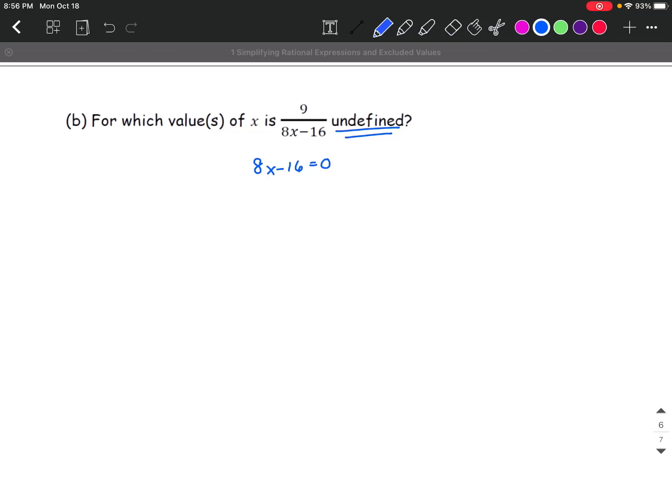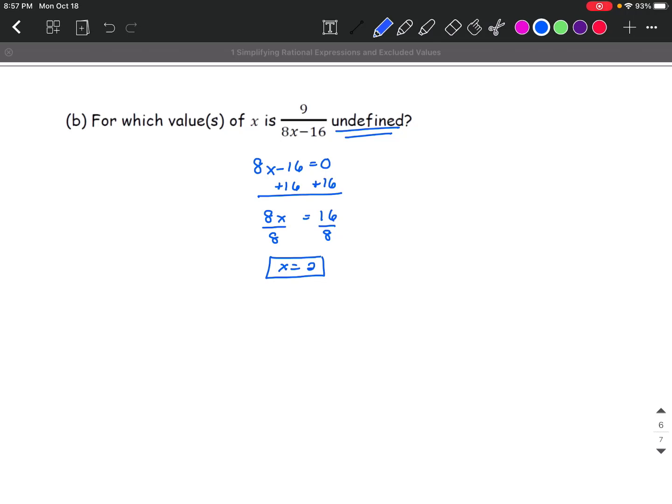I have minus 16, so the opposite is add 16. So I have 8x equals positive 16. Now I have 8 times x, so the opposite of multiplying by 8 is dividing by 8. So x is 2. So my fraction is undefined when x is 2. My excluded value is x equals 2.